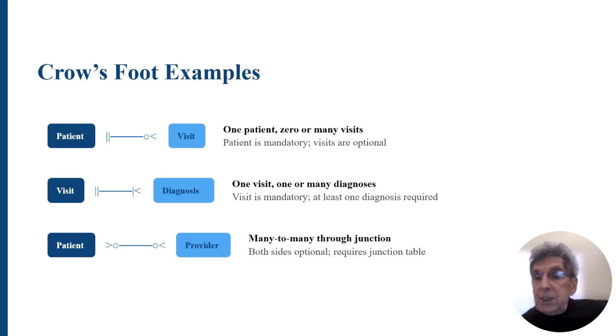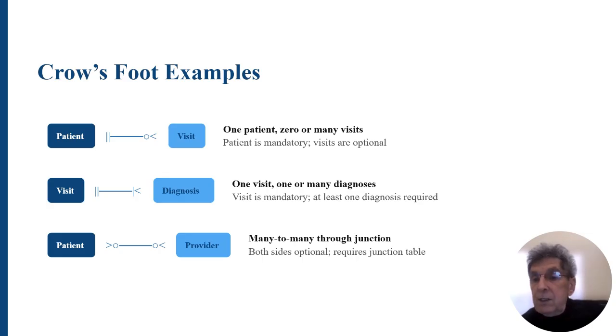Let's look at the crow's foot examples. The patient to visit. What symbology do we see there? We see the double bar, then you see the line, then you see the 0 and the less than sign. Reading this on the patient side, you see 2 vertical bars means 1 and only 1. Each visit has exactly 1 patient.